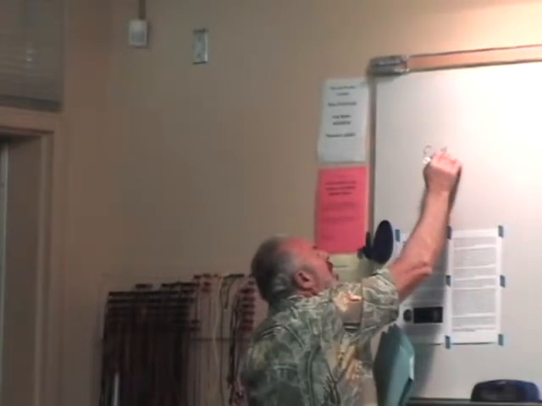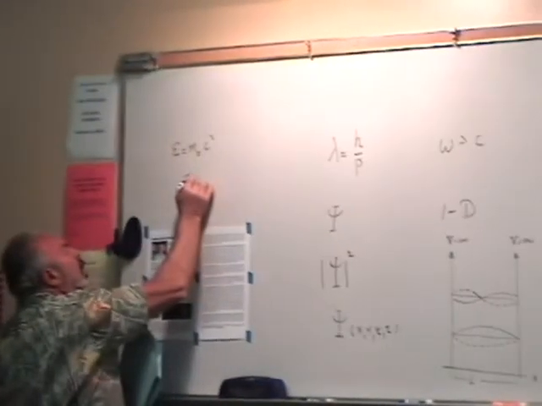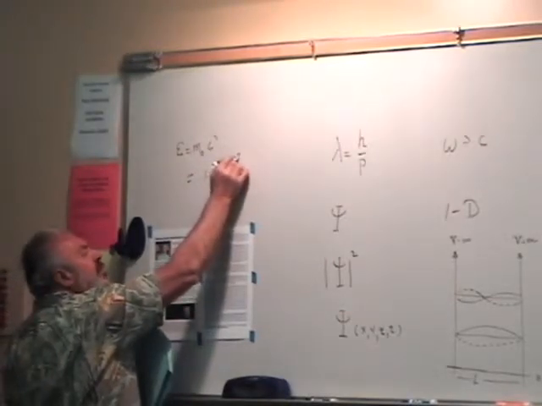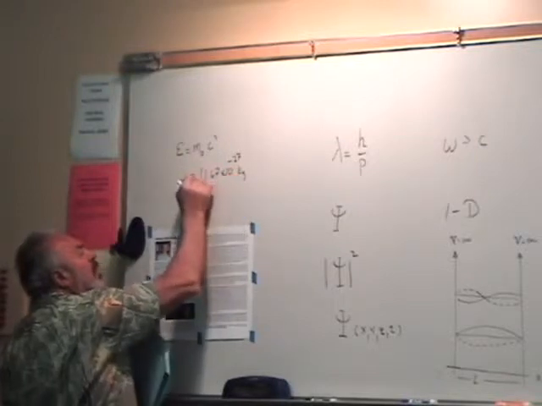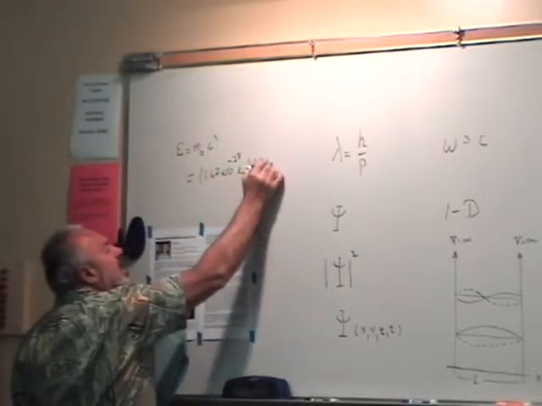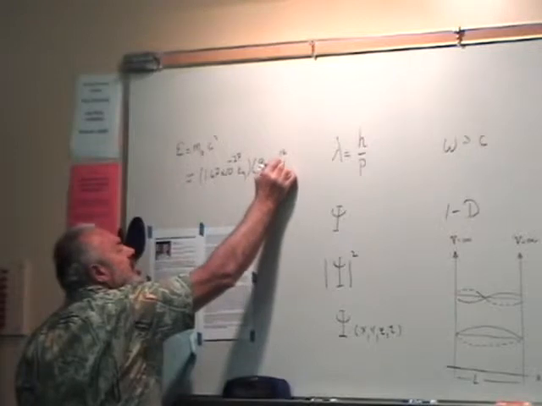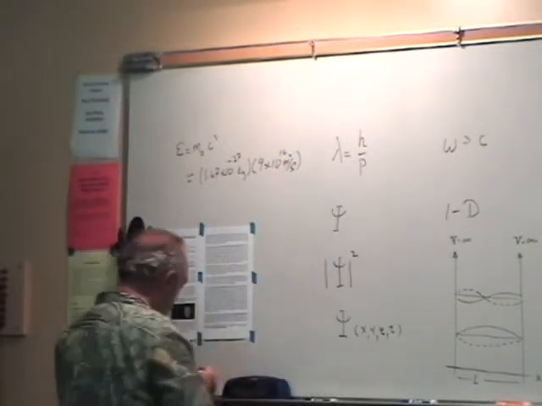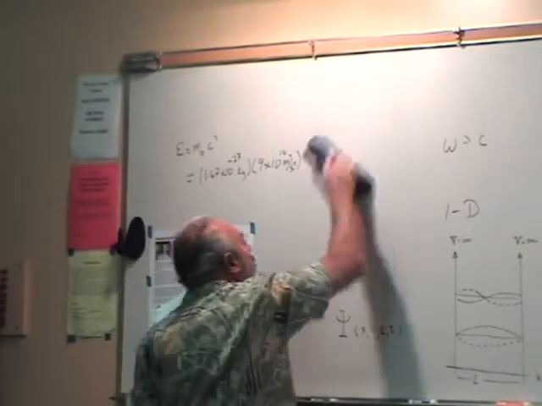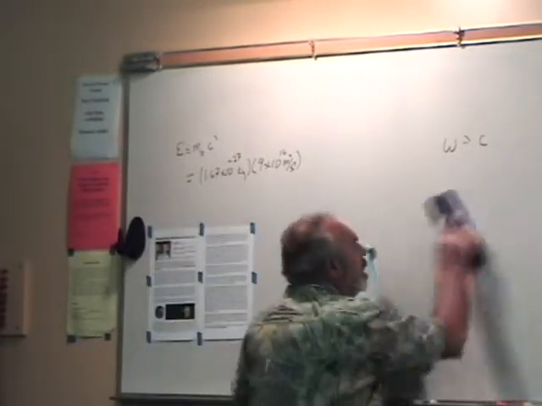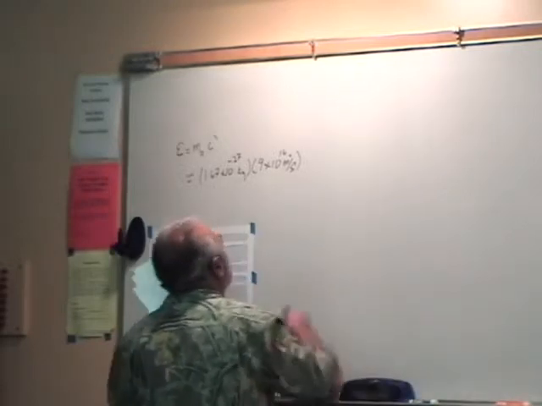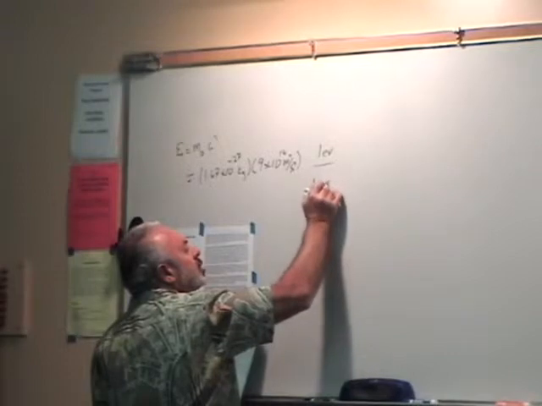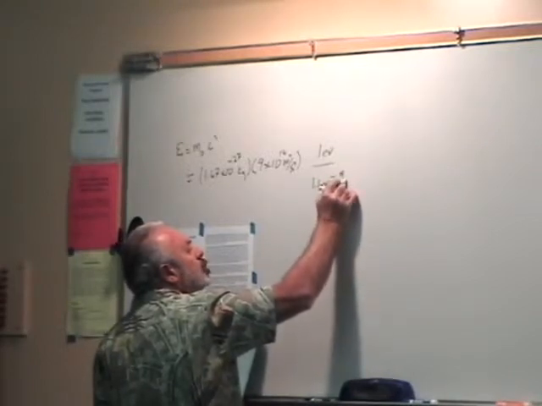E equals m naught c squared, which is what? 1.67 times 10 to the minus 27 kg for a proton, times 9 times 10 to the 16 meters squared per second squared, times the conversion factor. And the conversion factor was 1 electron volt is 1.6 times 10 to the minus 19 joules.